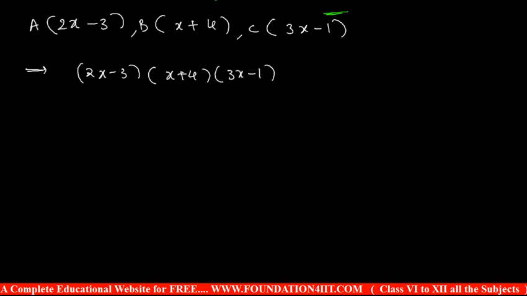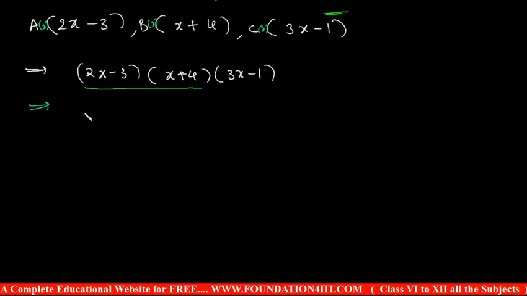Not only P, Q, R, you can take any letter in terms of x. When multiplying, we first take the first two, and any two only should be taken at a time.